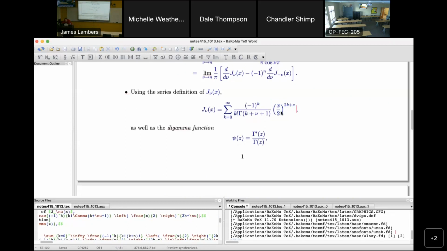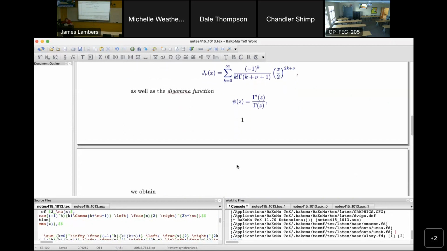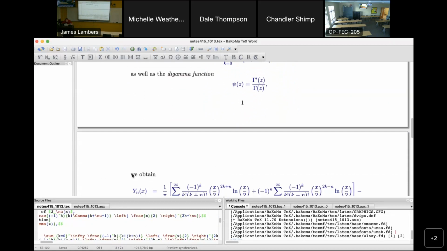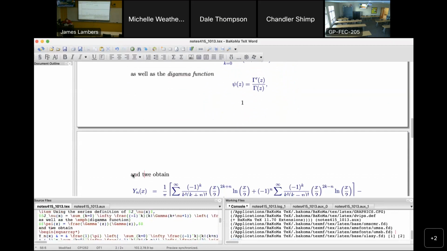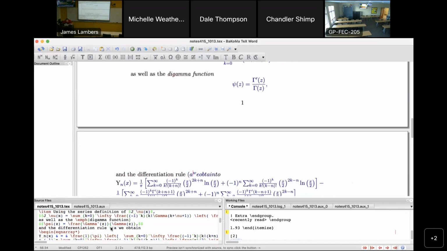Now, the differentiation rule I'm going to use, so I'll give a general rule here: a to the x, prime, is equal to a to the x natural log of a.